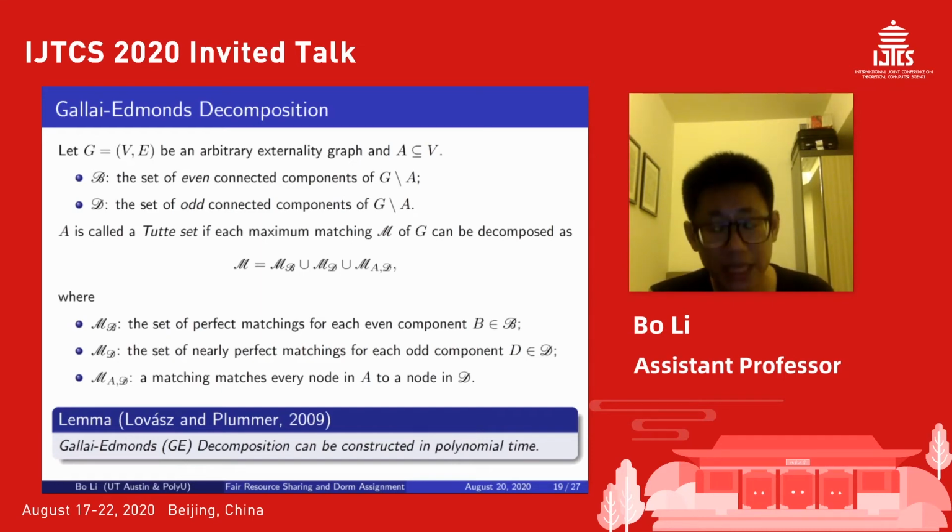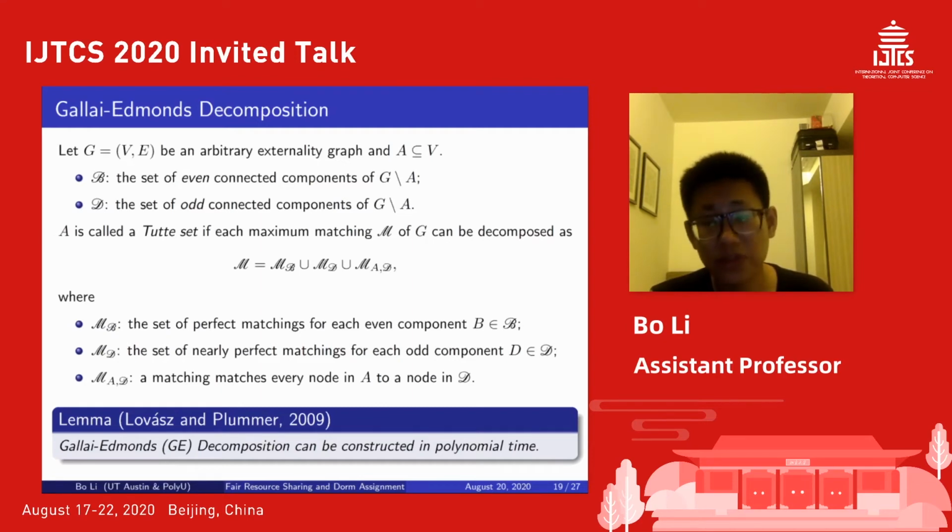Here, MB is the set of perfect matchings for all the even components in B. We know that each component in B contains an even number of nodes, and there should be a perfect matching for each even component, and MB is the union of all such perfect matchings. Each component in D contains an odd number of nodes.